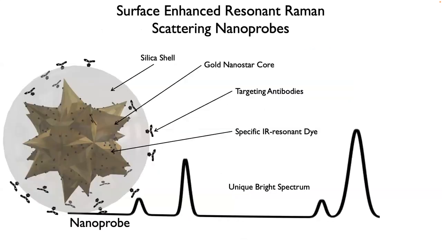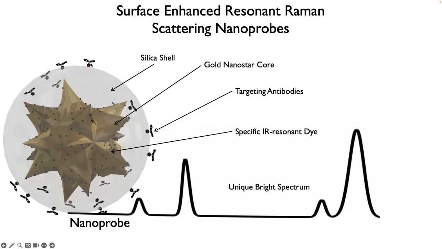The whole philosophy is that if we use one type of SERS nanoprobe, we use a specific dye to get a very specific spectrum, and then we use an antibody against the target, so that when we image, every time I see the spectrum, I know that my target is present.